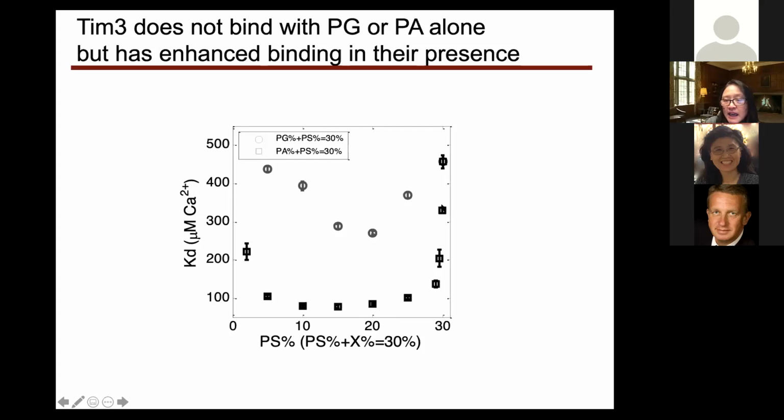If I dial in 0.5% of PA, I see that it really drops the KD dramatically. Put in 1% of PA, it drops even further. And by the time I get to 2% PA, I am pretty much at the lowest KD that I would ever get.